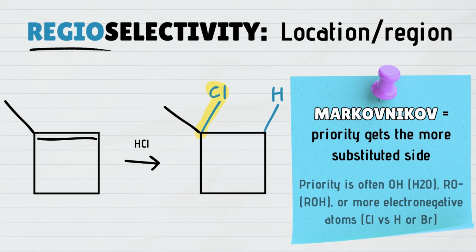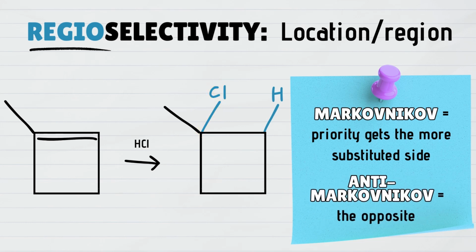For example, if it was chlorine versus bromine, chlorine would win the priority and get the more substituted side. Keep in mind, in general, OH tends to be a pretty high priority, even over electronegativity. So it just really likes to add to the good, stable side, so just keep that in mind going forward.